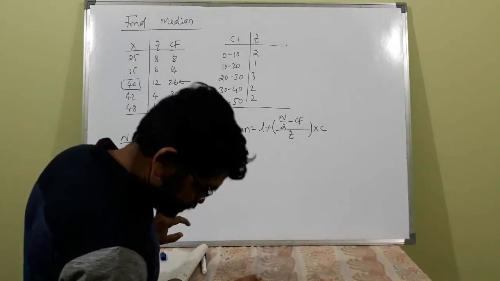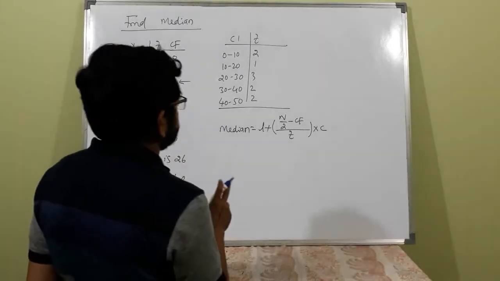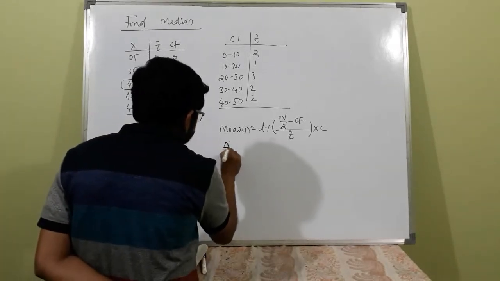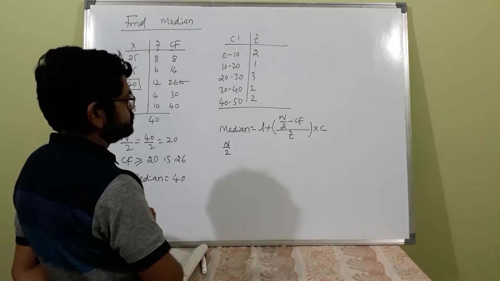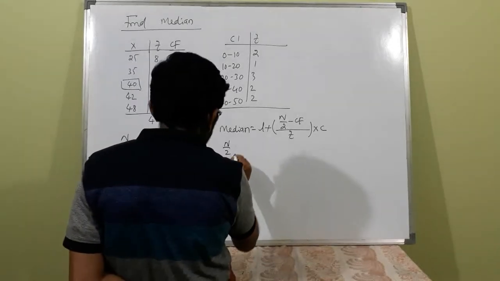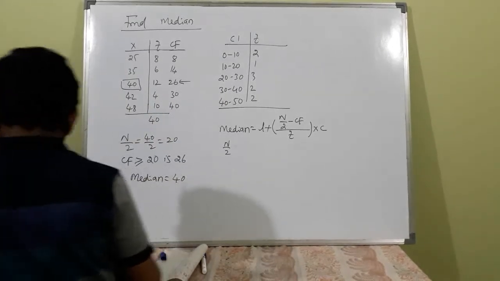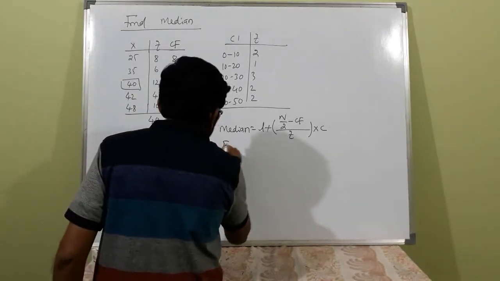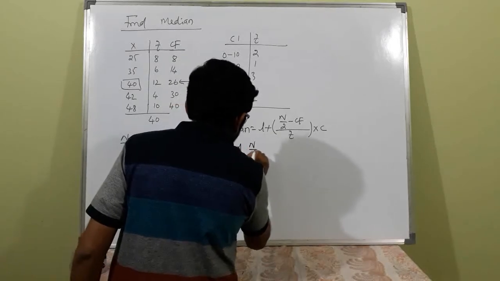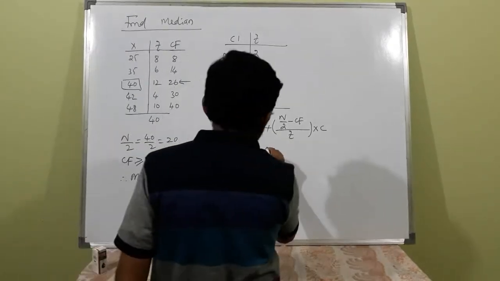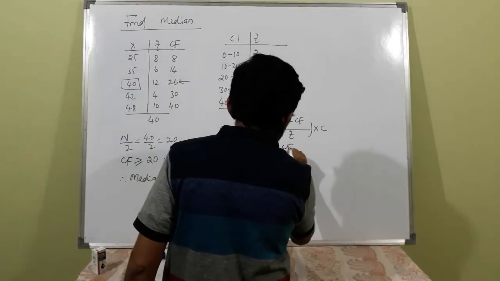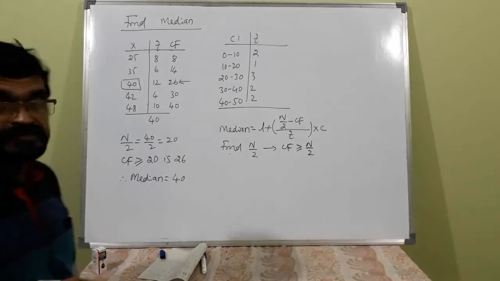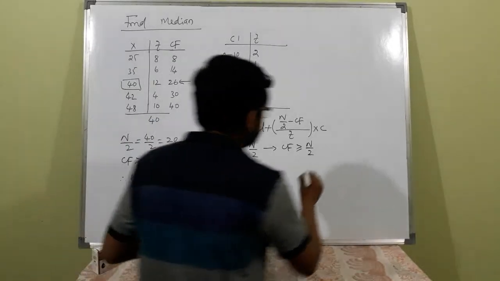I don't know which notation you have used. First you have to find n by 2. Then find the cumulative frequency greater than or equal to n by 2. That leads to the median class.